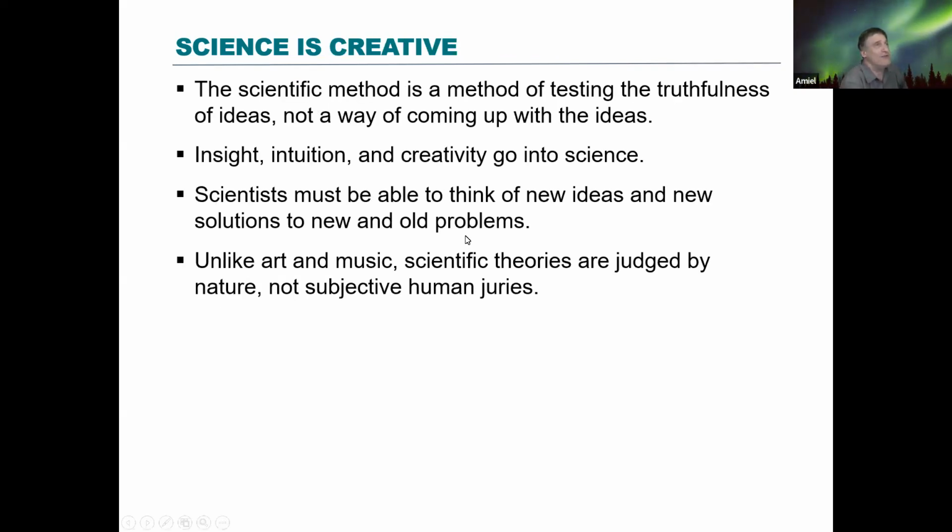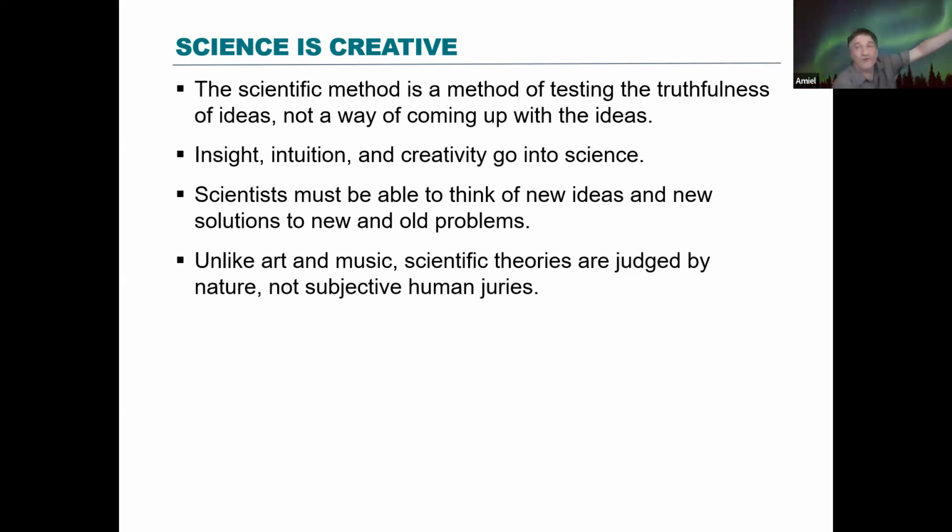The scientific method is a method of testing the truthfulness of ideas, not a way of coming up with the ideas. This is why Albert Einstein said imagination is more important than reason. He was absolutely right. We must be able to think of new ideas and new solutions to new and old problems. God, do we need that? Unlike art and music, science theories are judged by nature. By nature.